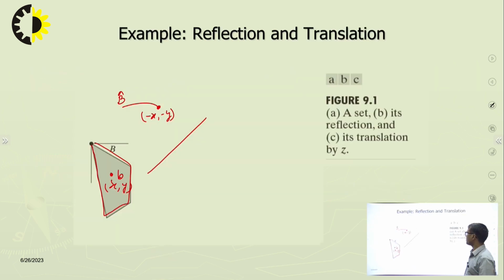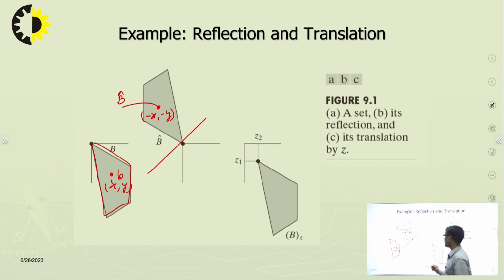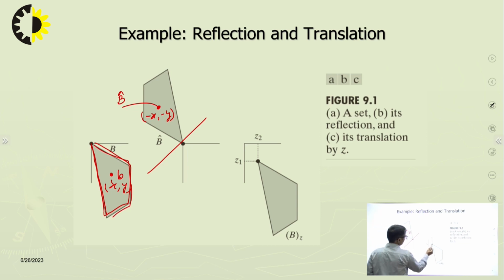Now, this can be explained with this example here. We can see that this particular region is now translated to this point. The whole region is now translated by a value z, z1 comma z2, in this coordinate.